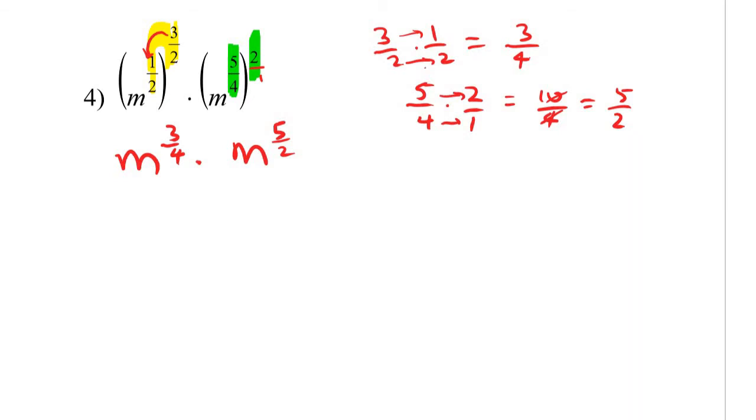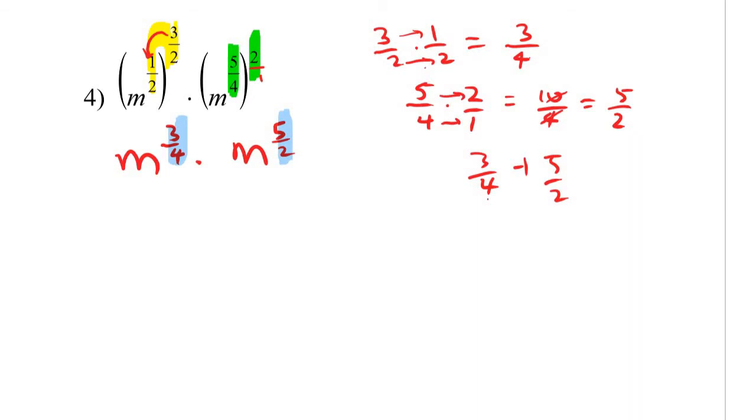So now we're going to apply the product property. Whenever you have the same base, you want to combine the base as 1, you add the exponent. So we're going to add these exponents together. So let's do the scratch work over there. So we're going to do 3/4 plus 5/2.